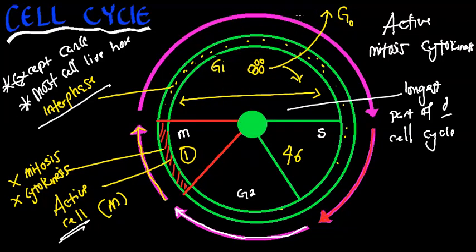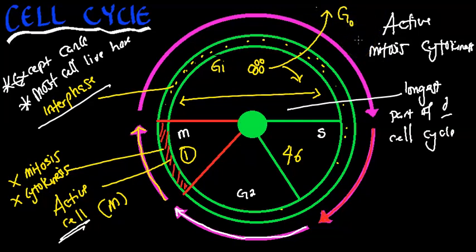So from G1, a cell has two options. What are the options the cell has? If it wants to move in the direction of cell division, which is the direction to the right-hand side, moving from G1 to S, from S to G2, or, if it likes, it will move out of the cycle to its resting point, which we call G0.